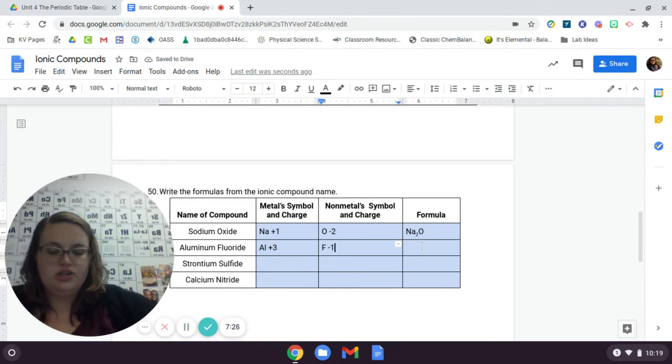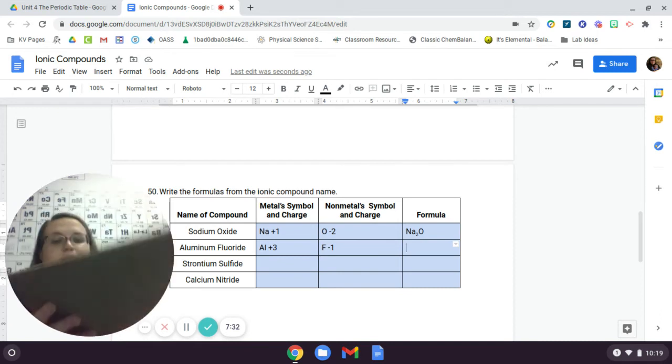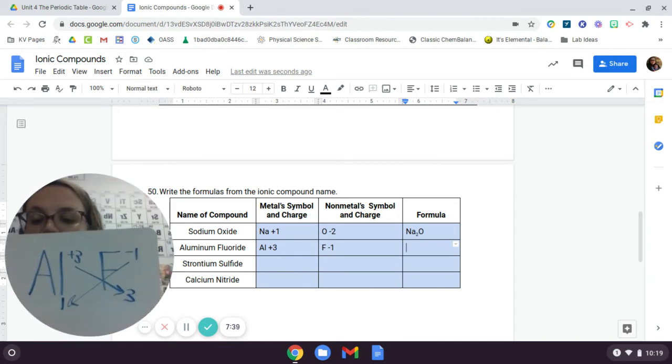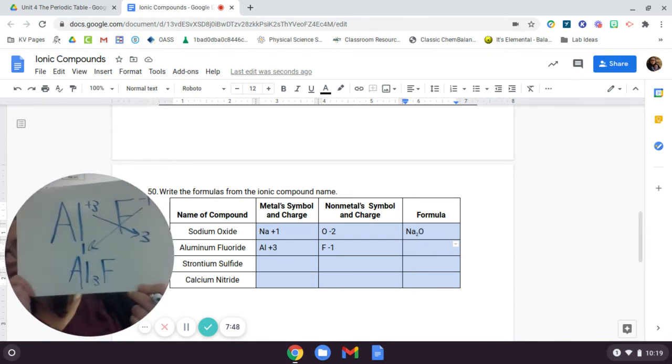So we're going to crisscross our charges. I have Al +3, fluorine -1. So I crisscross them, those numbers move down. So this is going to become Al3F.